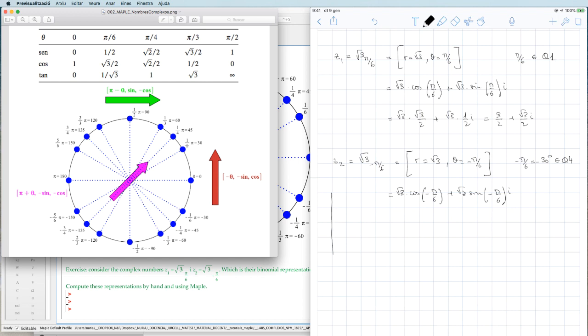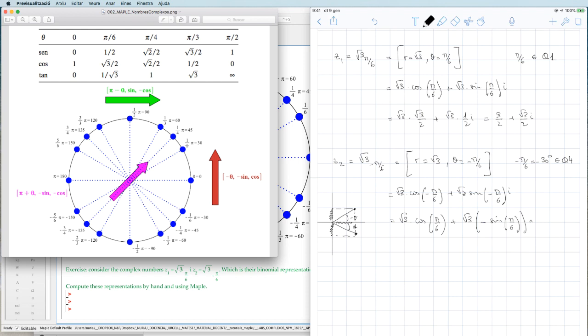Now remember that I have my angle theta, and I will take minus theta. The sine changes its sign, but the cosine remains the same. So I can replace the cosine of minus pi over 6 by the cosine of pi over 6, but for the sine, I need to put a minus in front.